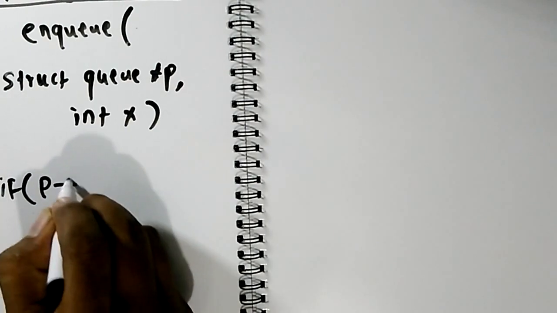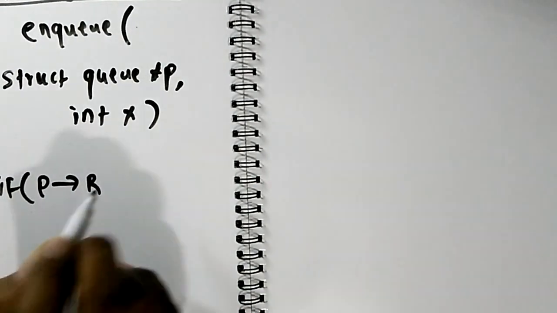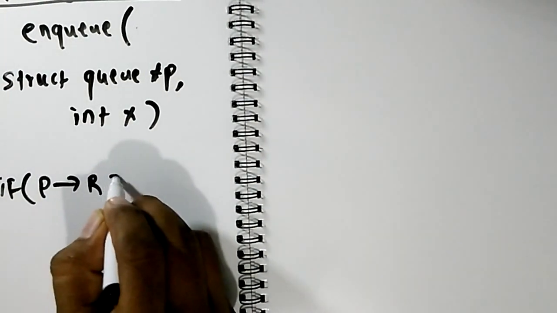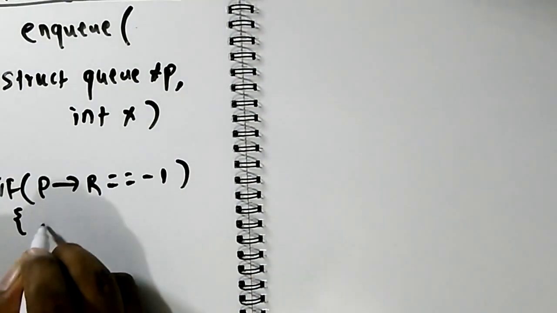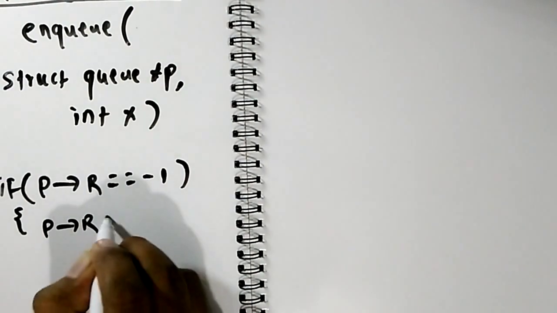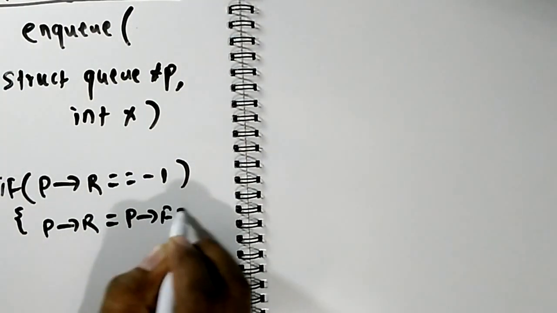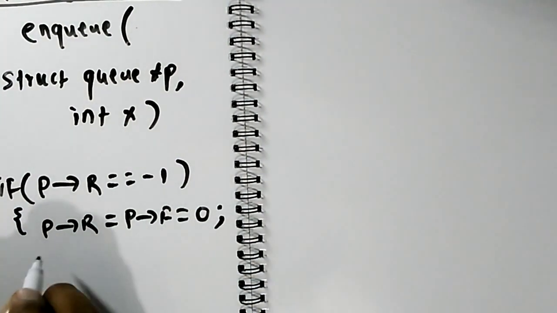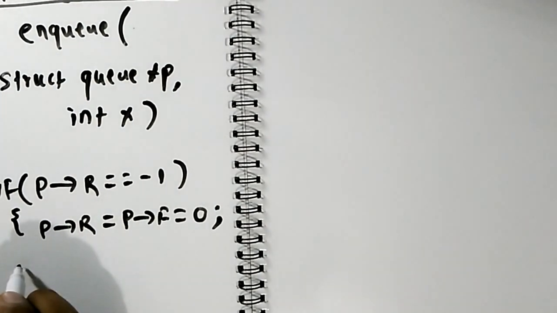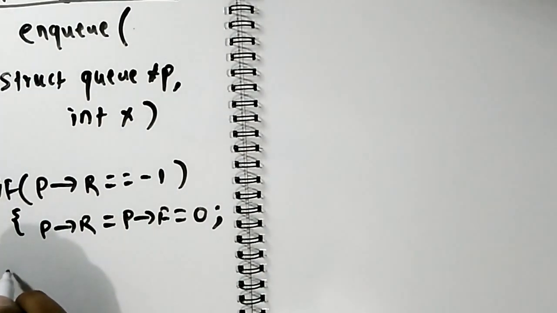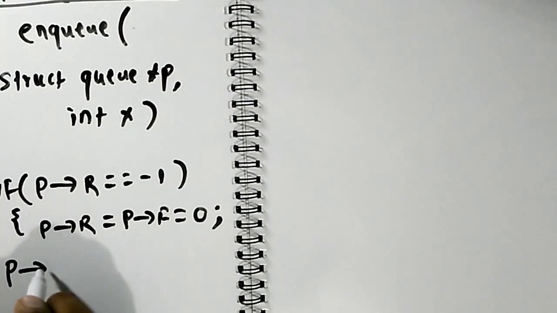If P arrow R or P arrow F equal to -1, that means I'm inserting into an empty queue. So I should set both P arrow R and P arrow F to 0, and then I should insert in that location inside the data array. So now here I'm accessing the data array. To access the data array, I cannot access it directly.